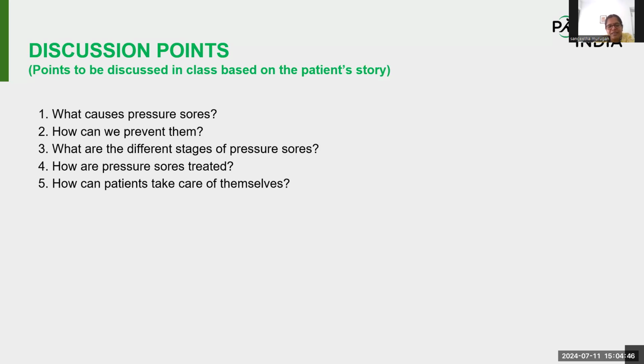Okay, how can you treat this pressure sore? Let us discuss in this case, the patient has a stage 3 pressure ulcer. As a nurse, how do you treat? Anybody, just unmute yourself and talk. Okay, proper hygiene.